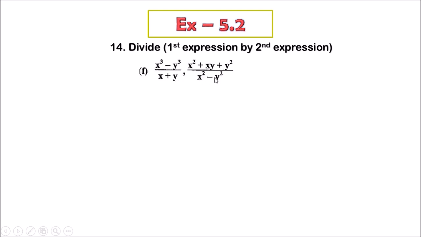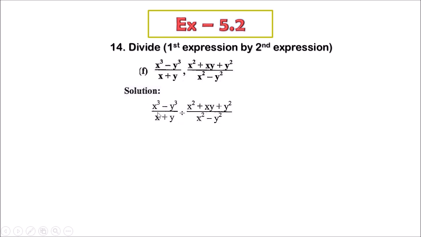So we are going to solve number F first in this question. x cubed minus y cubed by x plus y, this is your first expression. And the second expression is x squared plus xy plus y squared by x squared minus y squared. Like multiplication, we have to do some calculation here if we can.